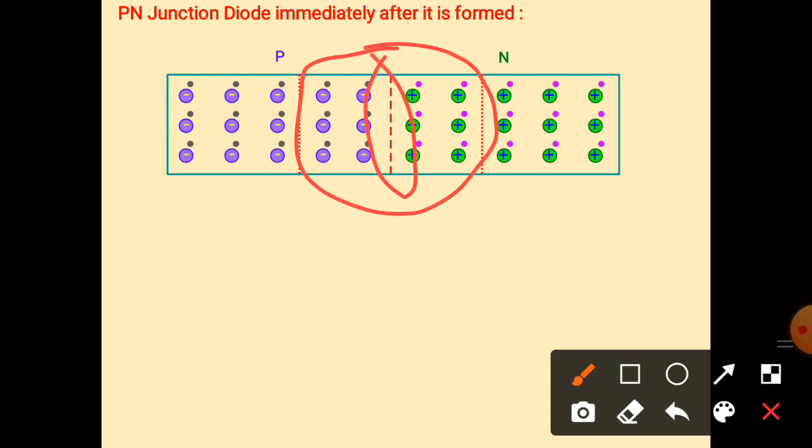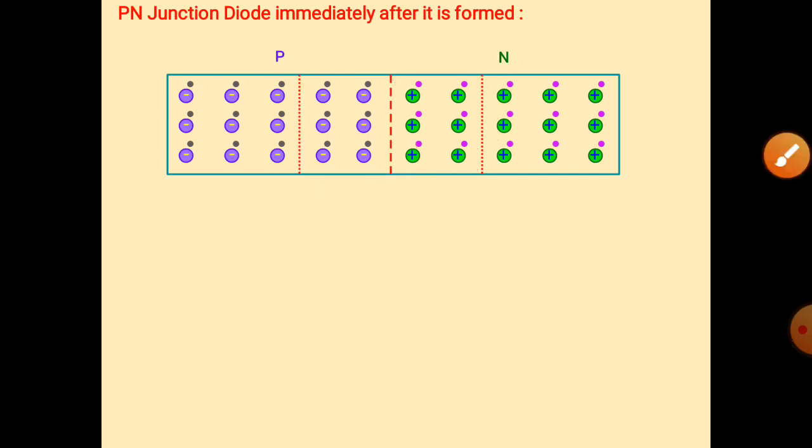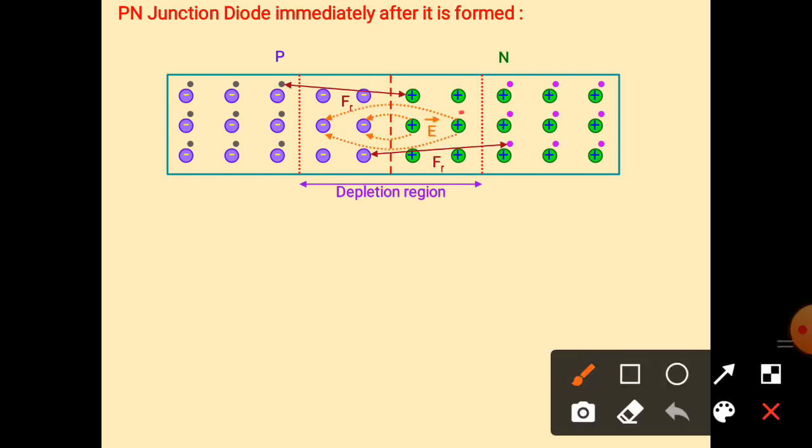Near that junction we have one region which is called the depletion layer, right? Here we can see that electrons from the negative side are moving towards this region, and we can also say that holes are moving into this region, right?